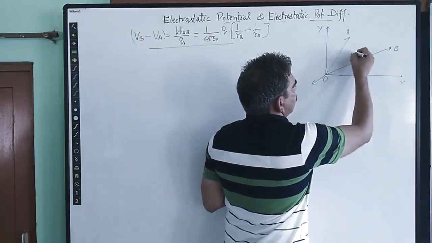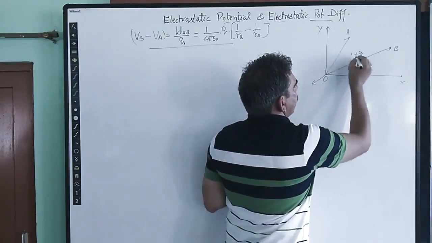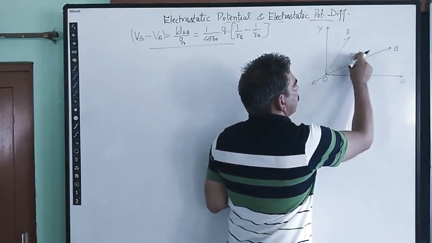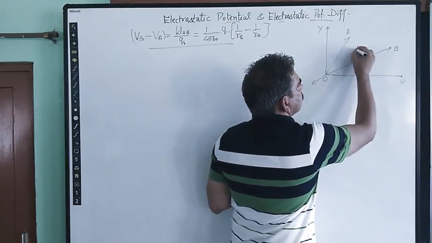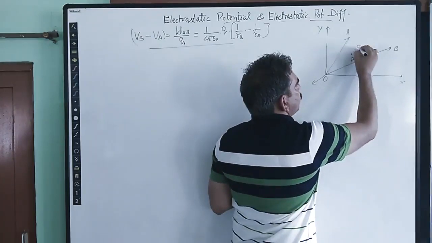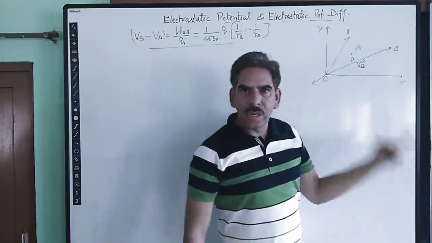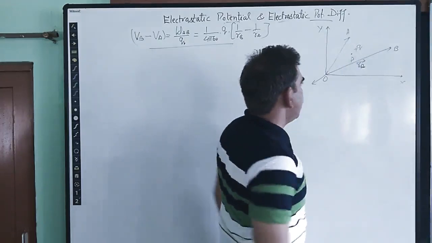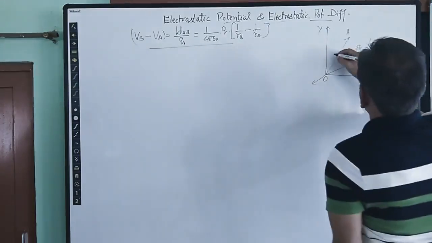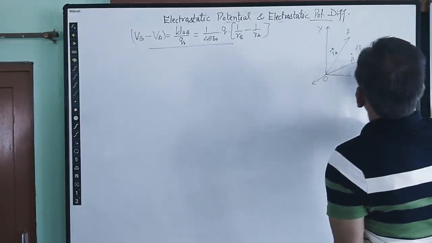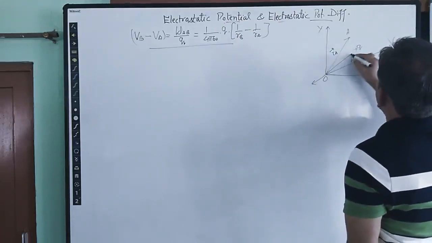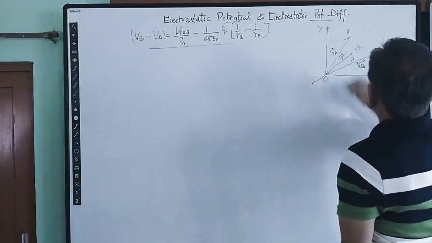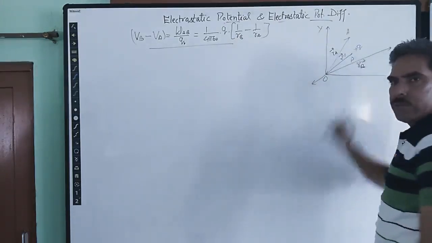So that this is the charge plus Q where it is lying at point, for example, P. Sorry, this is plus Q charge which is at point P. It is not at origin, it is at some point P. Then we draw a coordinate system x, y, z and represent the position vectors as RA of point A, RB for point B, and for example R, or we can say R dash for the source charge plus Q.